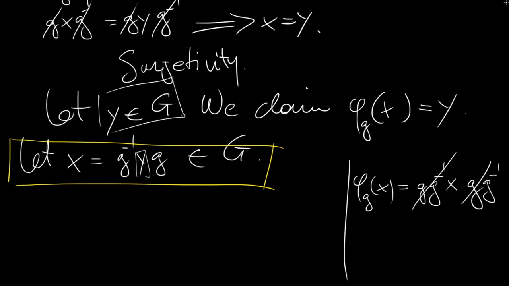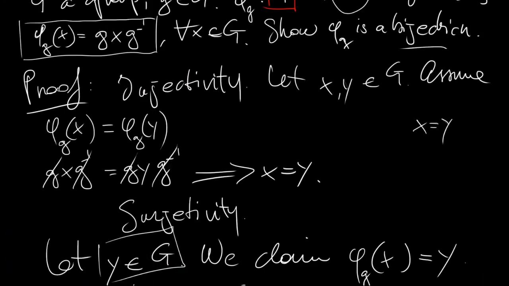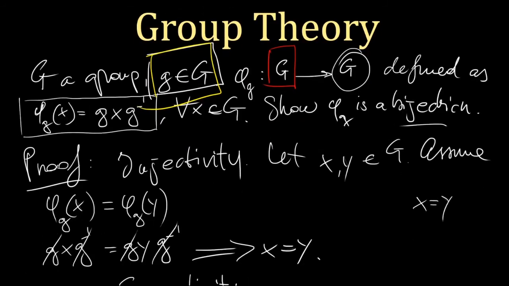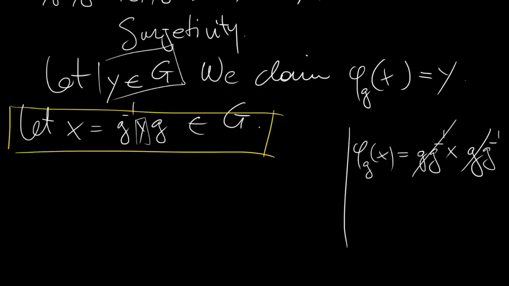We know from the statement at the beginning that little g is also an element of the group. Recall that if an element is in the group, then its inverse is in the group. So we know that g inverse, y, and g are all elements of G.